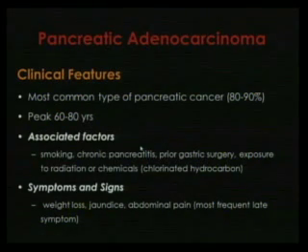Symptoms are usually non-specific: weight loss, jaundice. Abdominal pain is usually the most frequent late symptom and is due to extension into the celiac or mesenteric plexus. The pain can be from epigastric pain to back pain, and is non-specific.